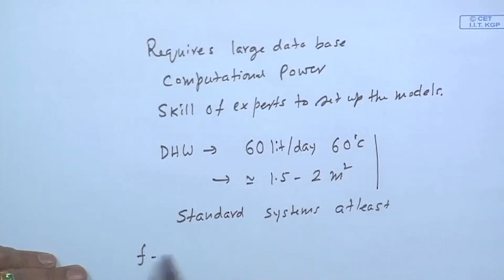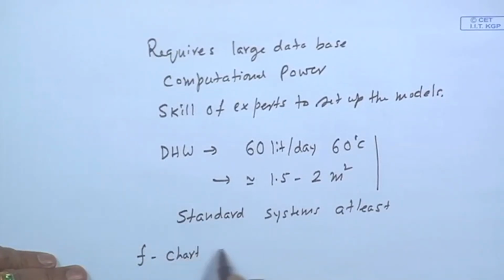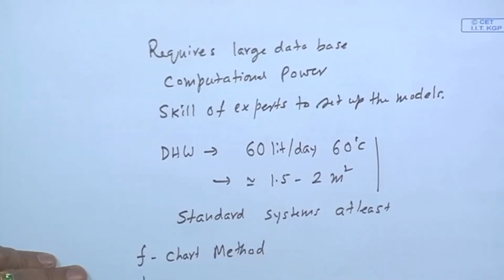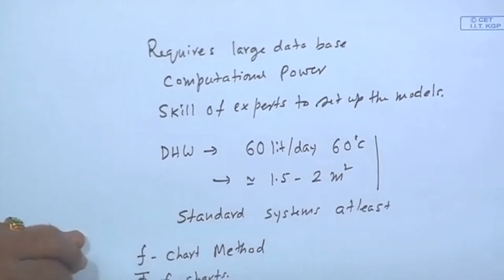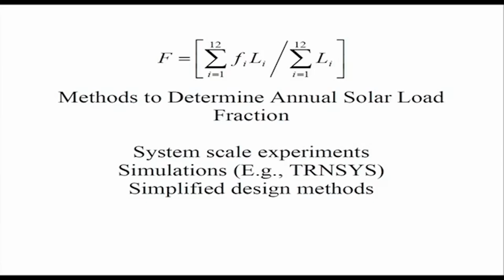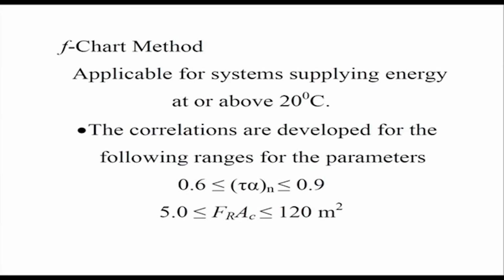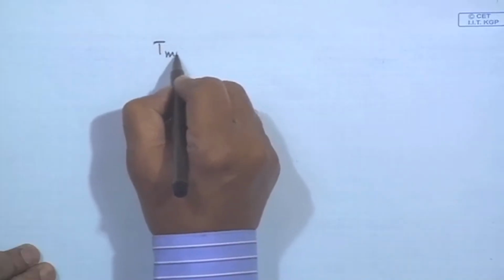So, the F chart method and the phi bar F chart method, once again developed at the University of Wisconsin, have been popularly called simplified design methods. This F chart method is applicable for T minimum.